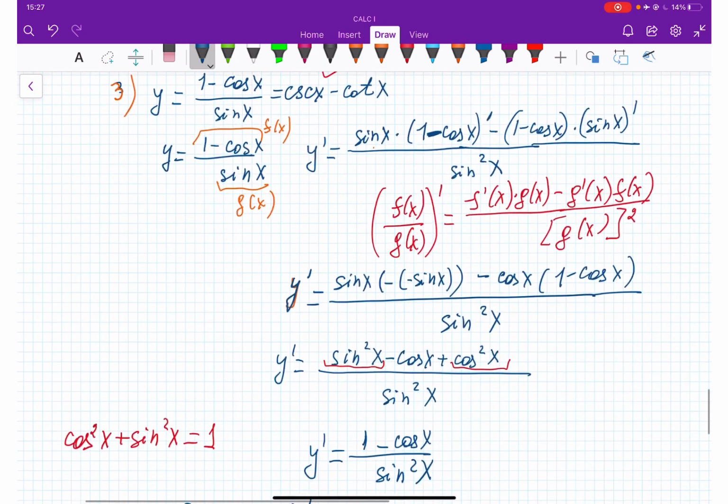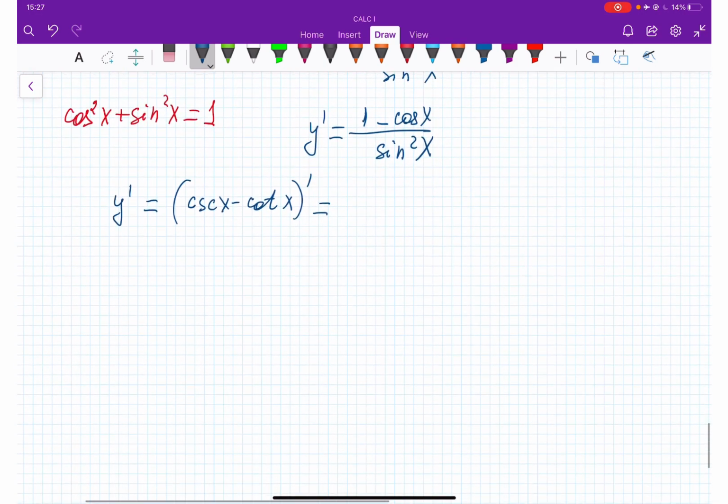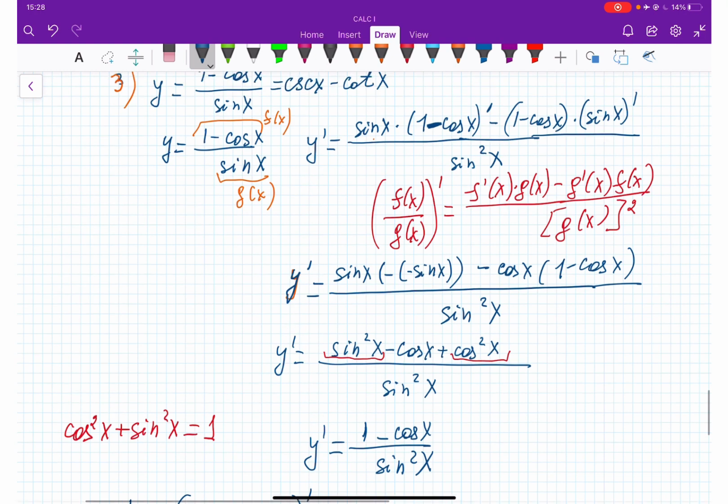So I'm going to write down right here, negative cosecant x times cotangent x, and plus cosecant x squared, because the derivative of cotangent is negative cosecant square.